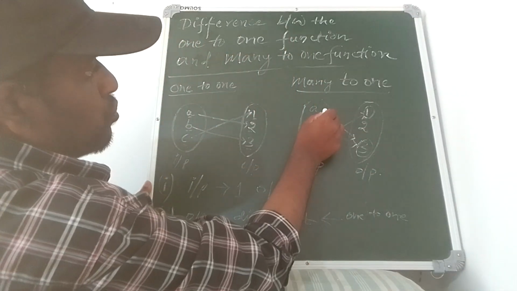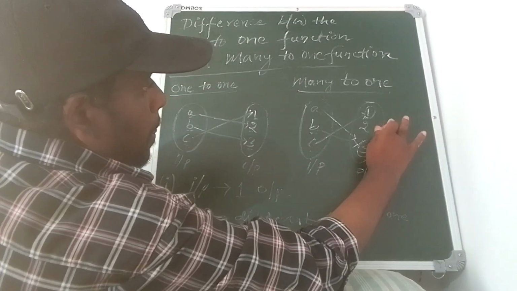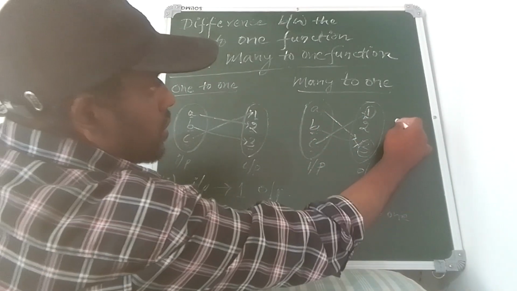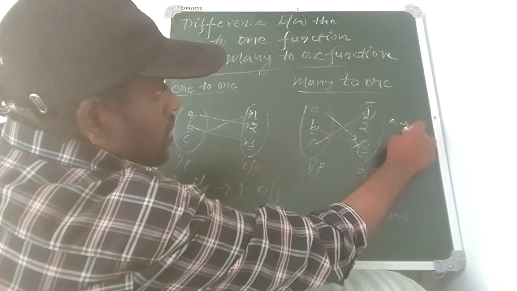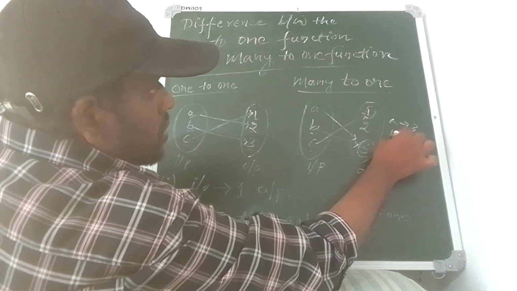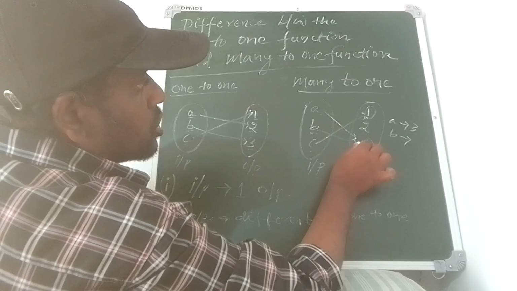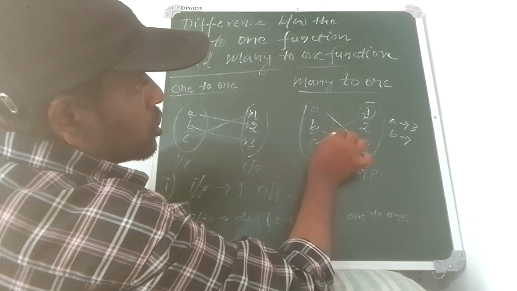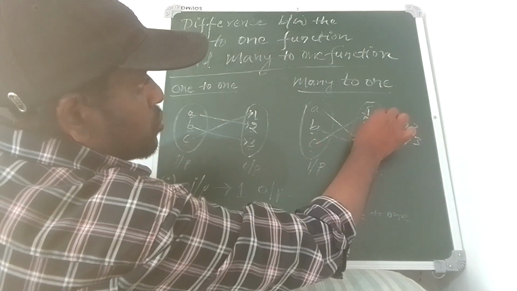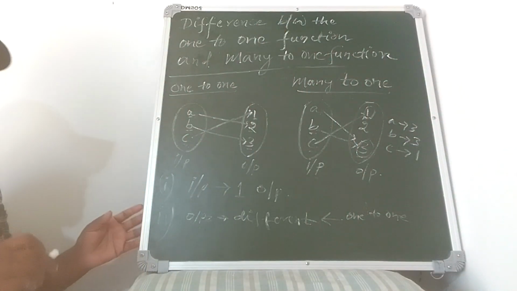So you can see, I'll write here. For A output is 3. For B also output is 3, because the arrow is going to 3. For C output is 1.